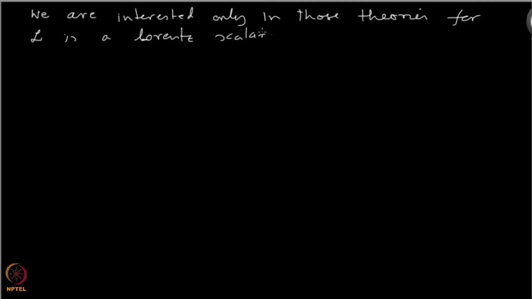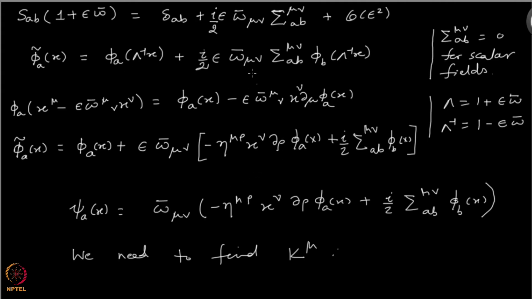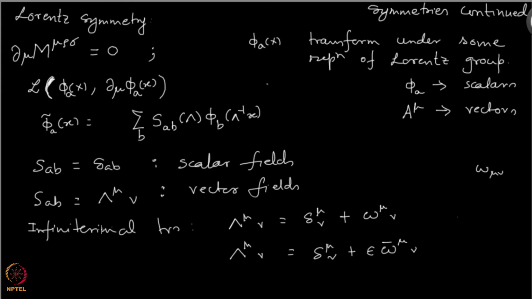And by that I mean that if you take the Lagrangian density and transform the fields by taking the fields to be Lorentz transformed fields, the way we did earlier, which is phi tilde A of x would be this one.